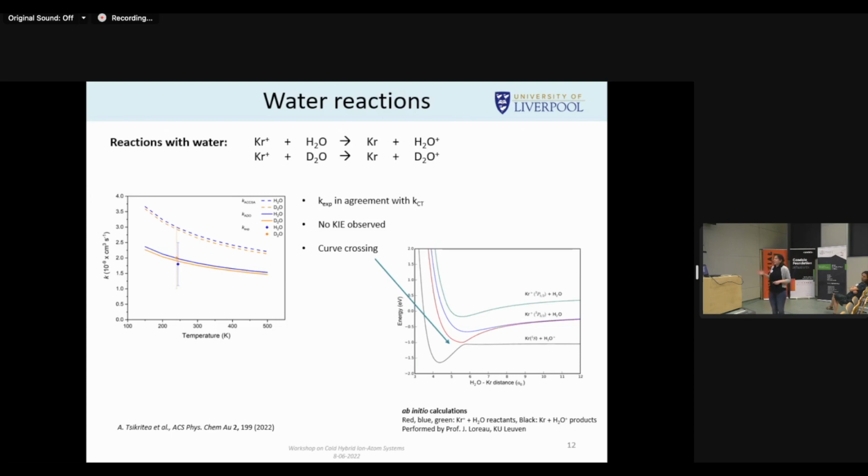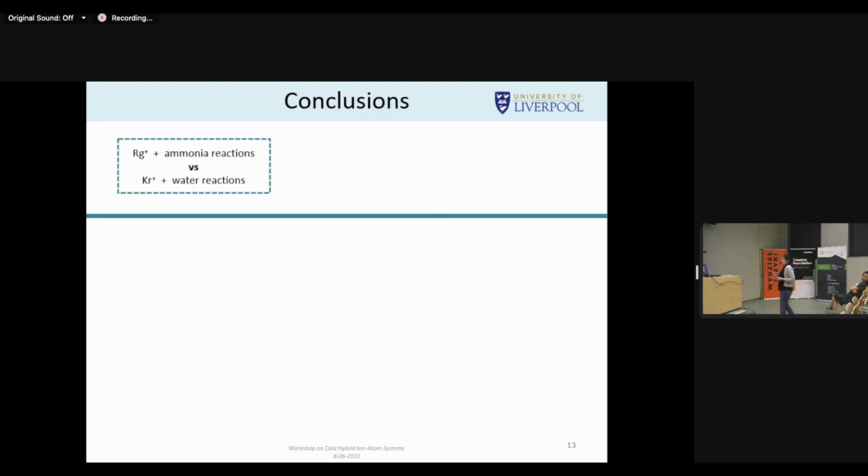So to summarize all of this, some reactions between rare gas ions and polar molecules, ammonia and water, don't show the same behavior. In one case, we saw an unexpected inverse kinetic isotope effect, disagreement with capture theories, and no curve crossing in the potential energy surfaces, whilst in the other case, the water reactions, we have good agreement with theories, no kinetic isotope effects, and an identified curve crossing.